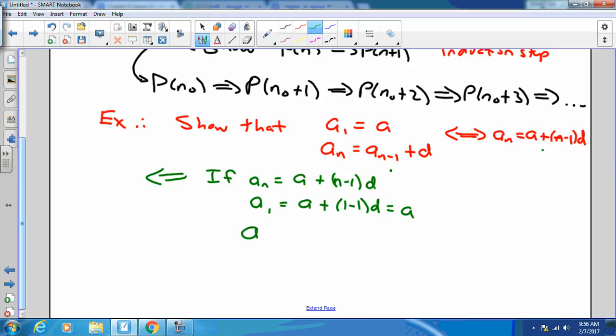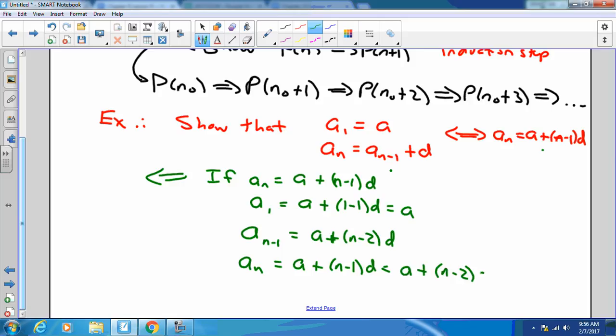And if I compute a(n-1), then it's pretty clear to see that a(n) is equal to a plus (n-2) times d plus d. In other words, I'm peeling off a term of d.